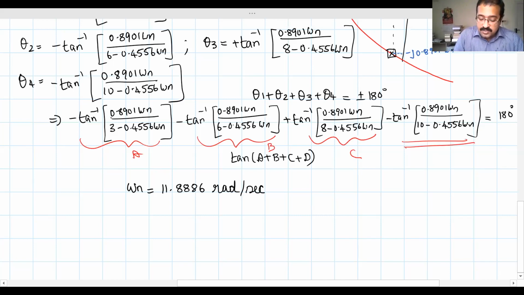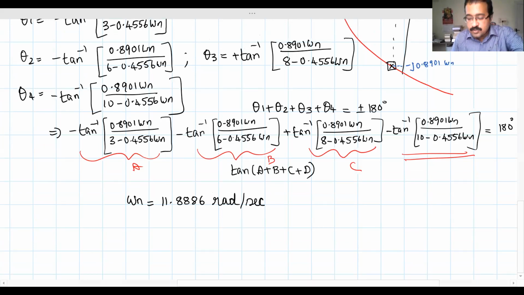First you do tan of A plus B. We know tan of A plus B is tan A plus tan B by 1 minus tan A tan B. Now that quantity plus C: tan of the first quantity plus tan of C divided by 1 minus that quantity into tan C. You can solve it that way. If you do that, you will get your omega n as 11.886 radians per second.